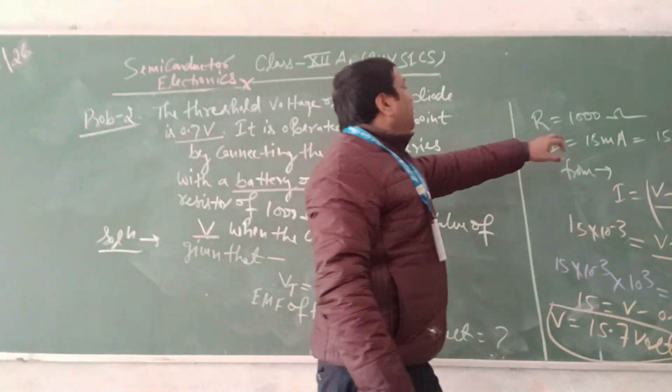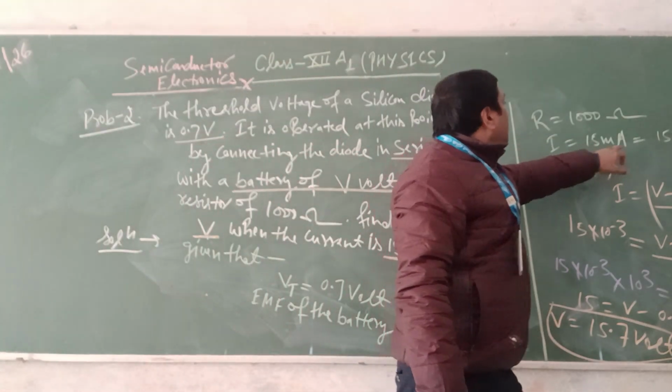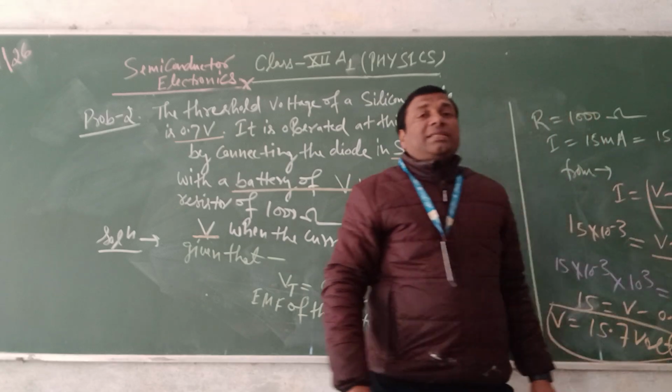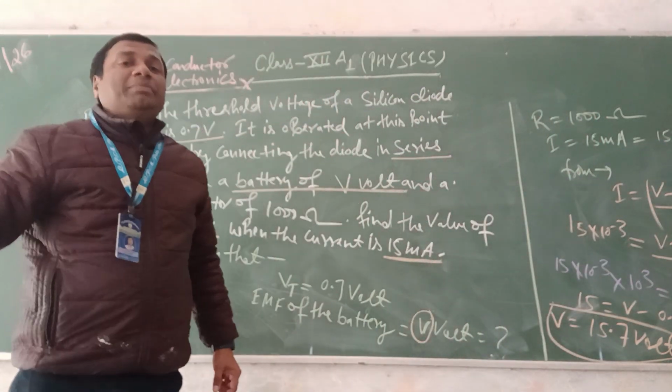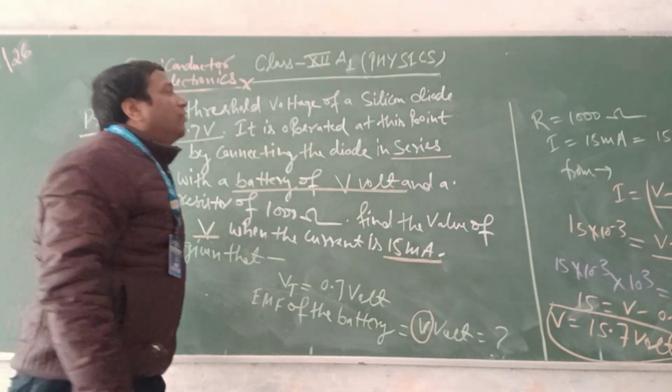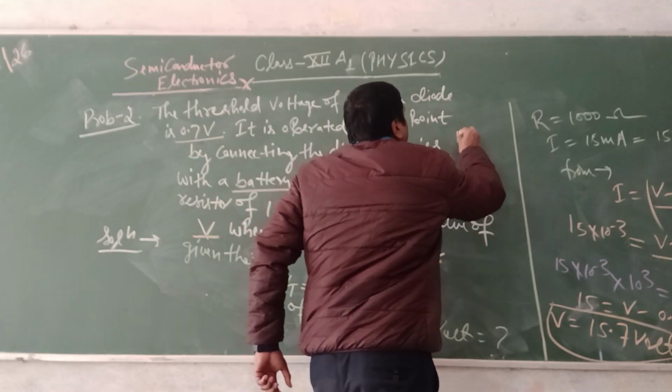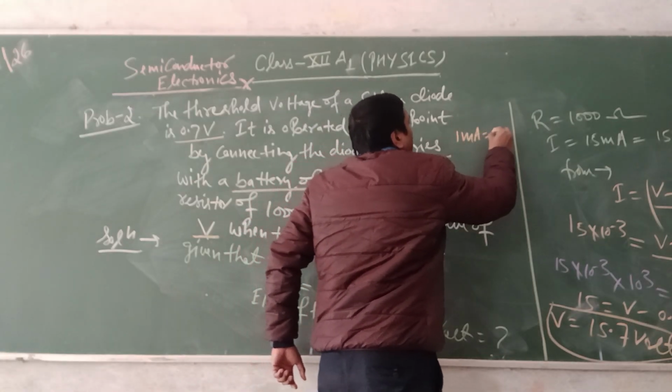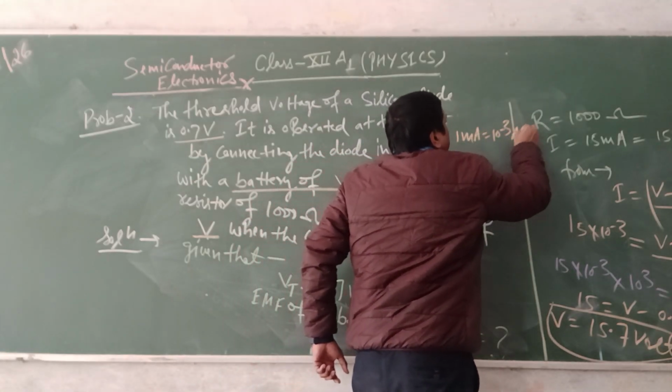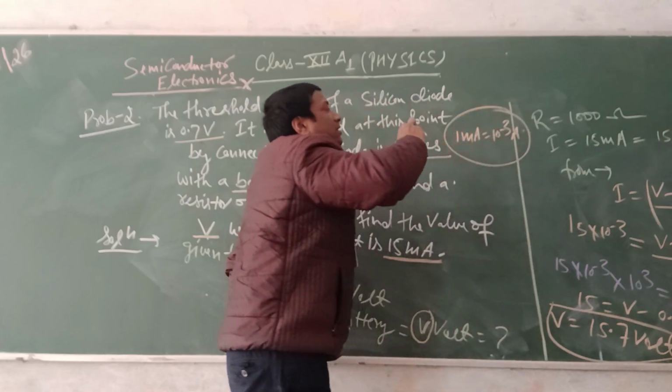This 15 milliampere is converted into 15 into 10 to the power minus 3 ampere. We know that 1 milliampere is equal to 10 to the power minus 3 ampere.